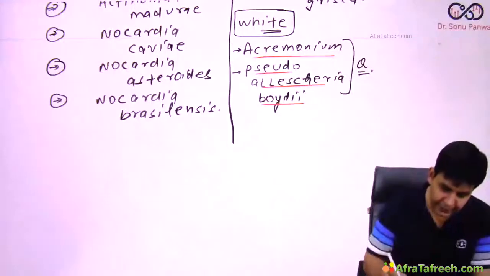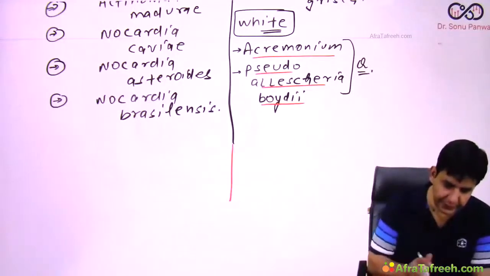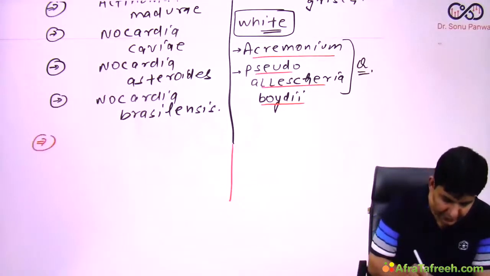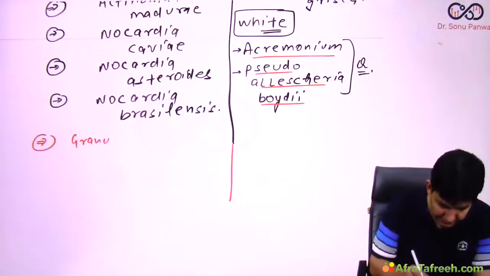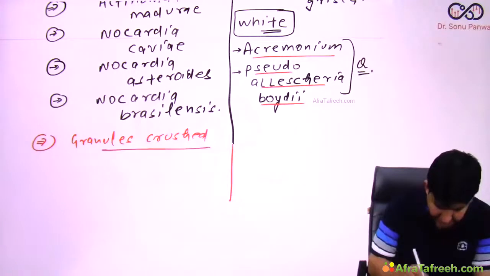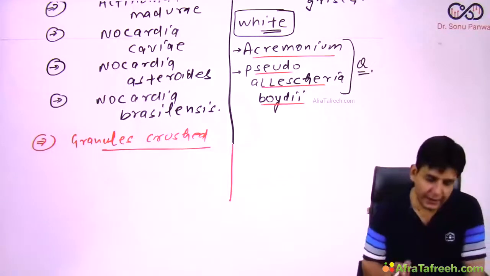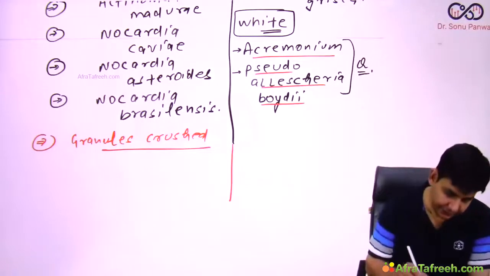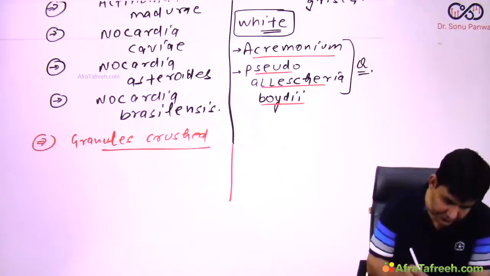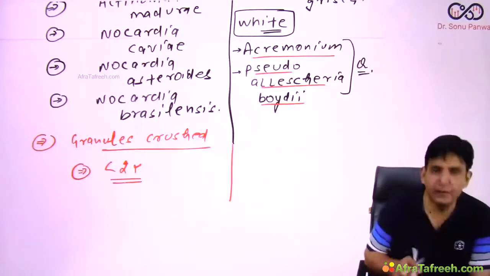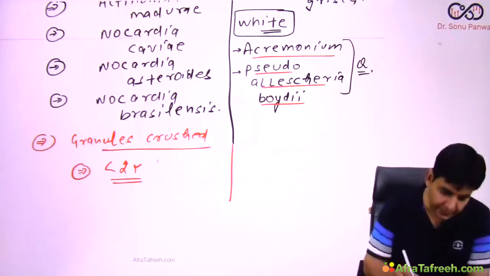Then further you need to remember that when these granules are picked out and crushed, what you observe on the actinomycetoma side is bacteria, and their size is less than 2 micron.